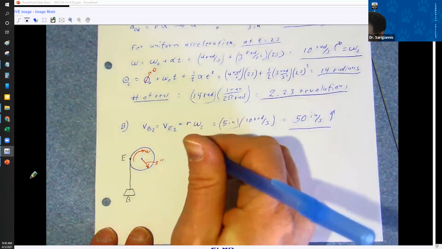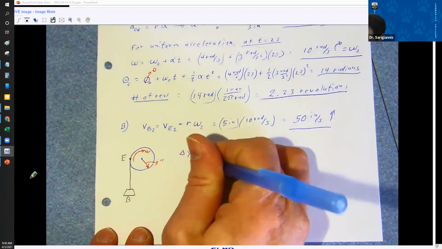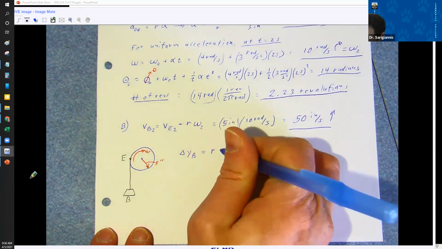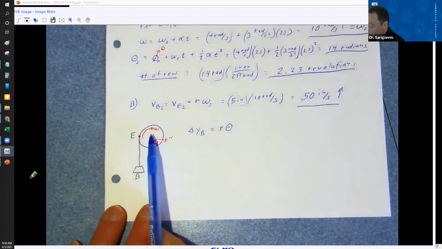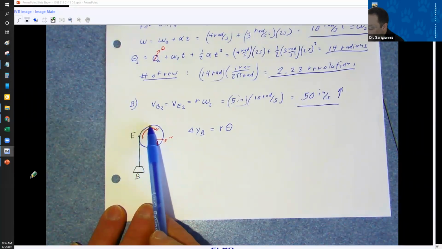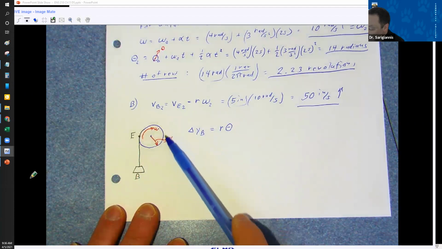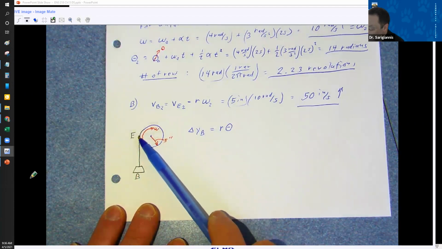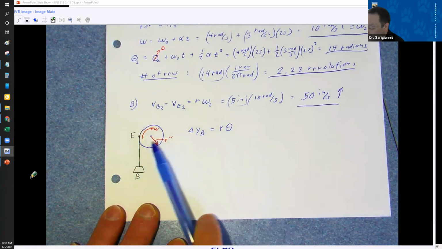The delta YB is just going to be equal to R times theta. If theta is 2 pi, that is the circumference of the circle, 2 pi r, or pi times diameter, that's the circumference.